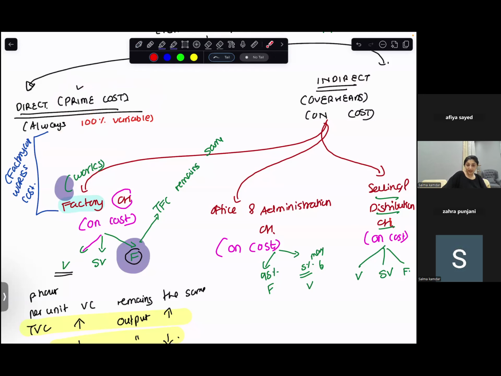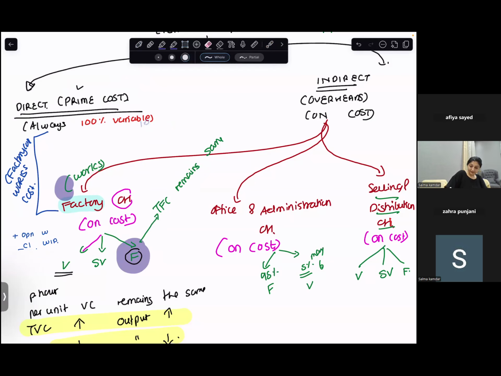But if you have any work in progress, you need to adjust it before you find the cost of your work. Work cost means cost of your work. So if you have any work in progress, you will add opening work in progress minus closing work in progress. We have to find the work in progress, or it will be given to you directly.